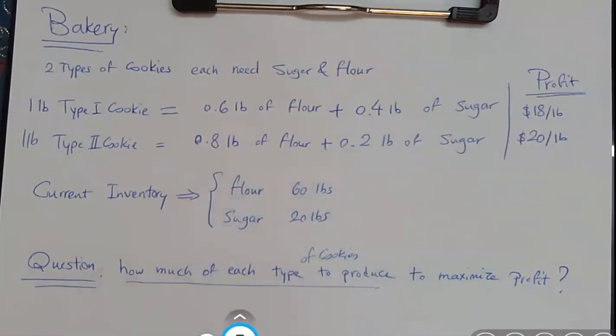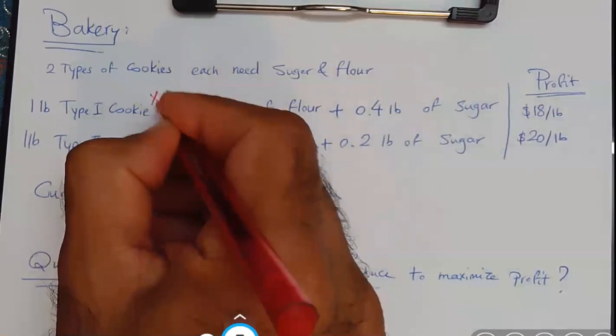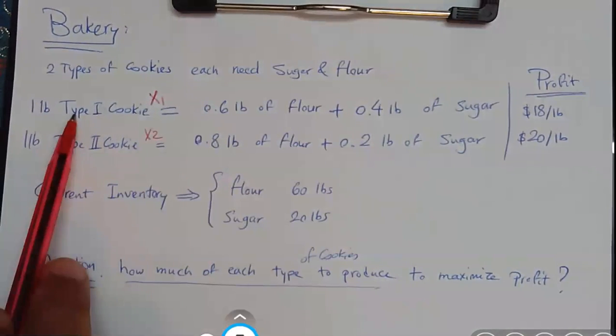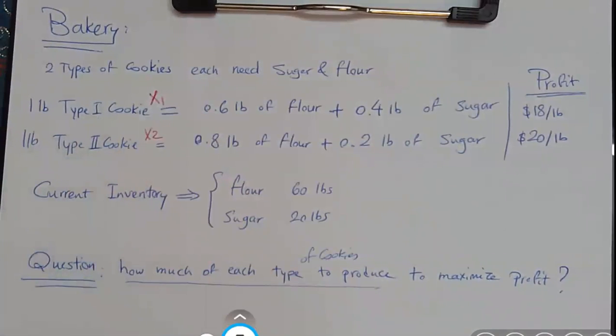That would be my decision variables, and I'm going to call them X1 and X2: the amount of type 1 cookie and the amount of type 2 cookies that I'm going to produce.